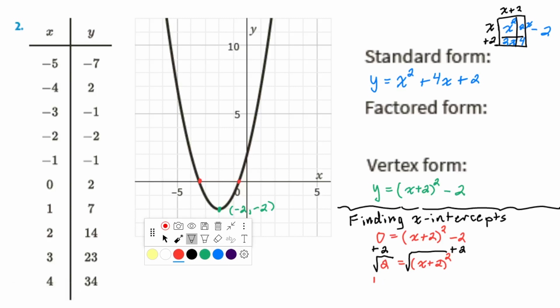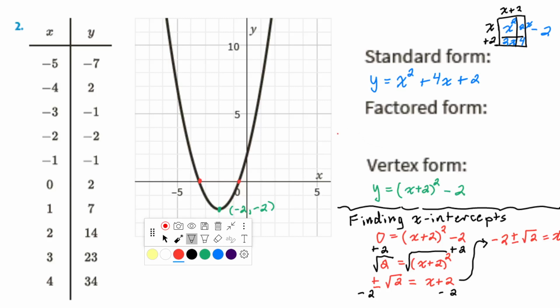So now we have plus or minus the square root of 2 equals x plus 2. I now need to subtract 2 from each side. So we have negative 2 plus or minus the square root of 2 equals x. This gives me my x-intercepts.